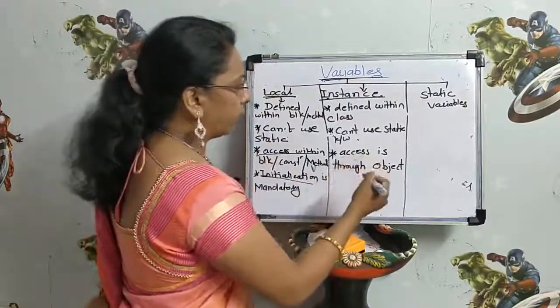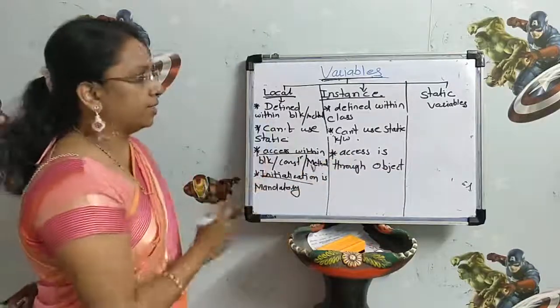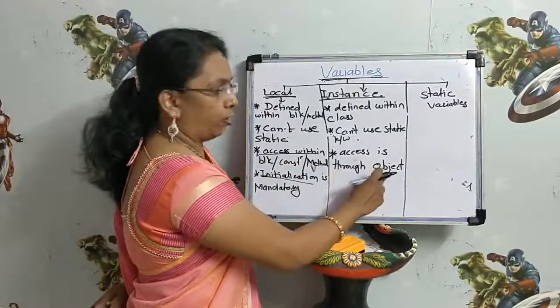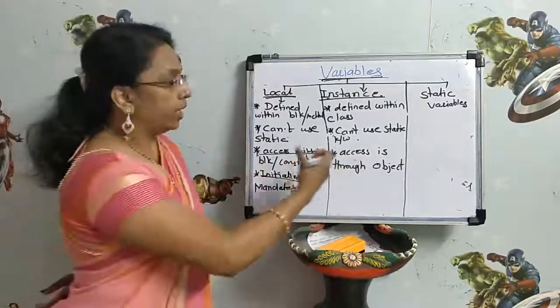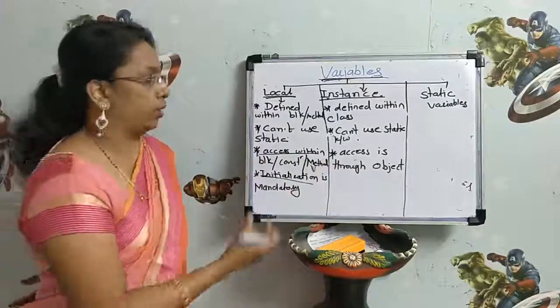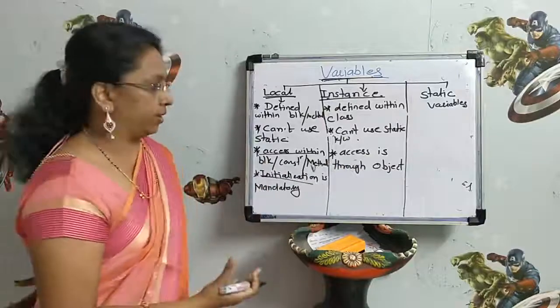Whenever we create objects, through an object of this class we can access this instance variable. Access is provided only through an object. And here we can have different types of access like public, private, protected and so on. So along with an instance variable we can provide access modifiers.